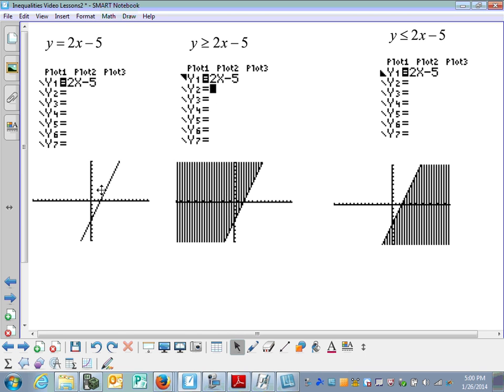So when it's greater than, it's above the line. When it's less than, it's below the line. Now using the calculator, you're not going to be able to determine whether this is equal to or just greater than. But you should know that one's solid and one's dashed.